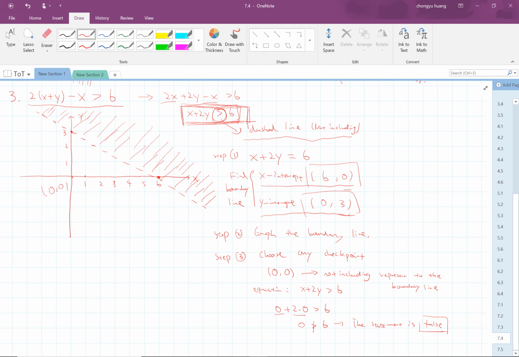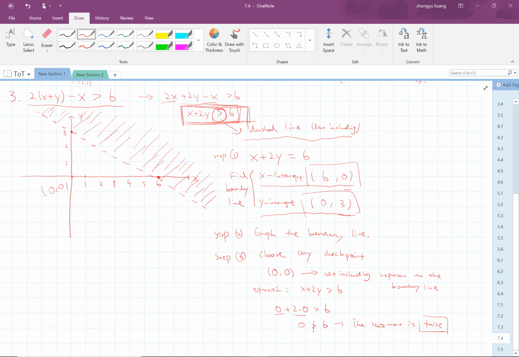That's basically all the steps for how you graph an inequality. This section is quite small. Hopefully everyone gets the right answer for this question.